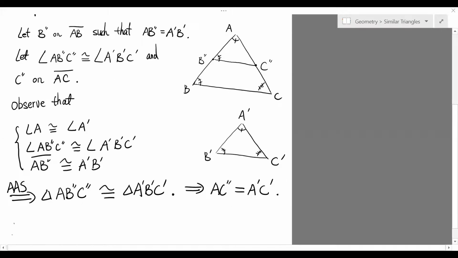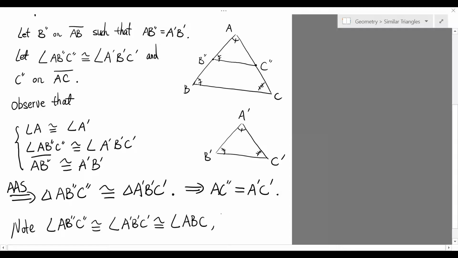Meanwhile, we note that the angle AB double prime C double prime is congruent to the angle A prime B prime C prime, which is in turn congruent to the angle ABC by the hypotheses.